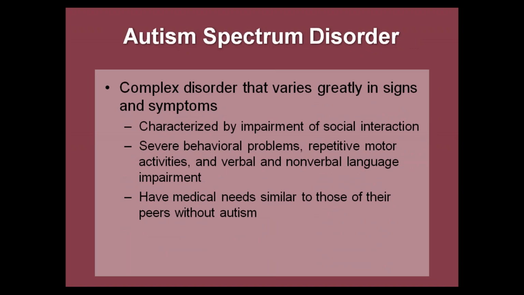Autism is going to be the first disorder, kind of that special need, that we would talk about. So, autism spectrum disorder. It's a complex disorder that varies greatly in signs and symptoms. This is one where a lot of families truly believe that shots have something to do with this, based on a study that was done back in England that ended up proving to be false.